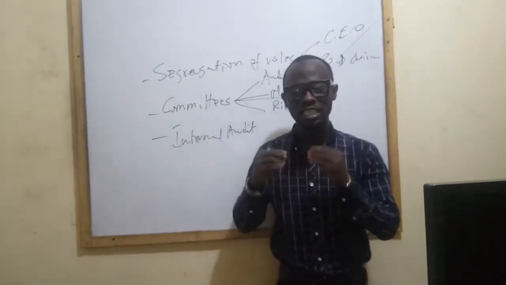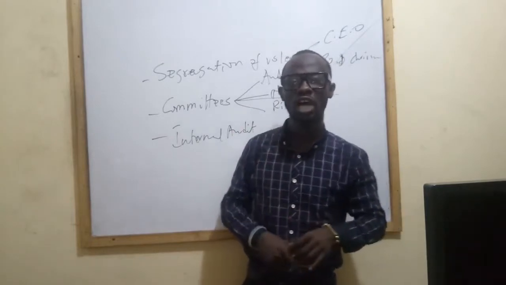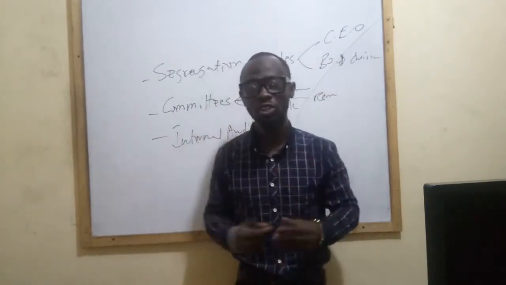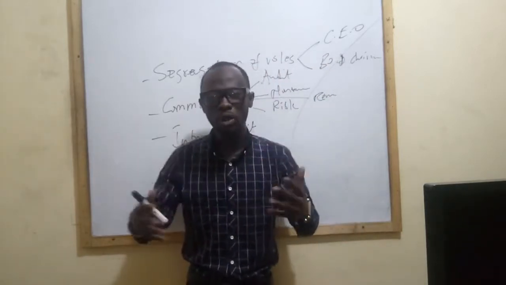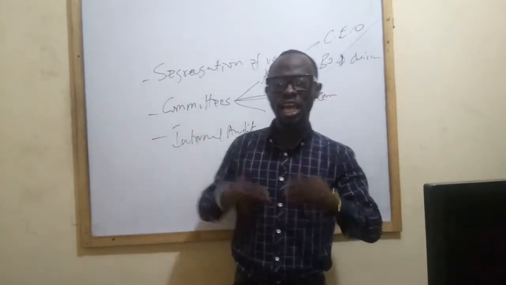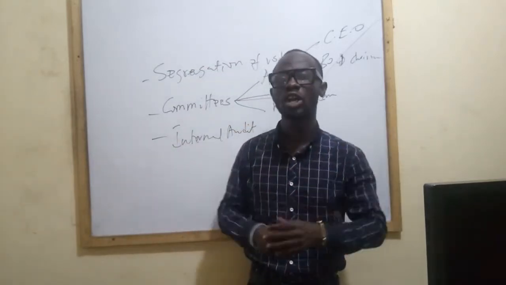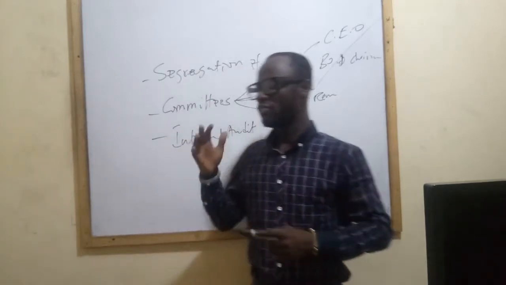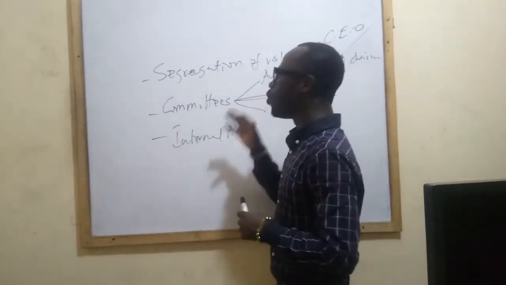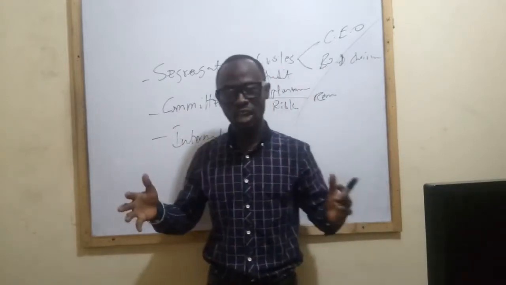They document that in their audit reports, and in that report they also give recommendations as to the various decisions, strategies and actions that the organization has to implement in order for the problems that have been identified to be solved, so that it helps the organization achieve its objective as a company. So these are what you have to understand when we come to internal audit roles and governance in that order.